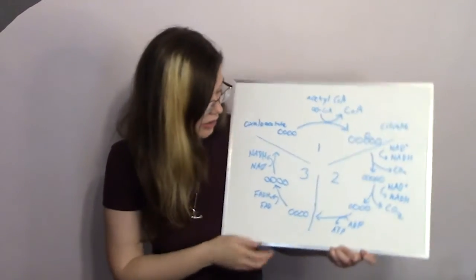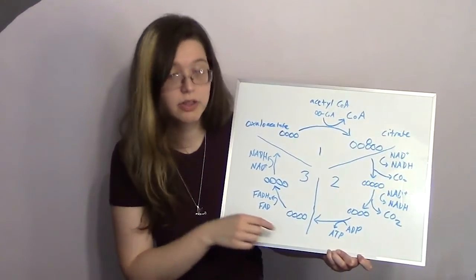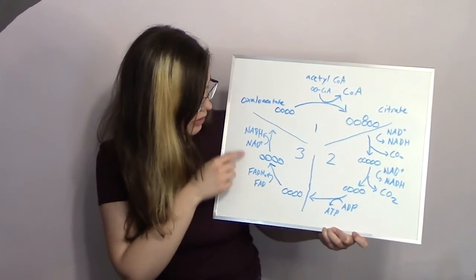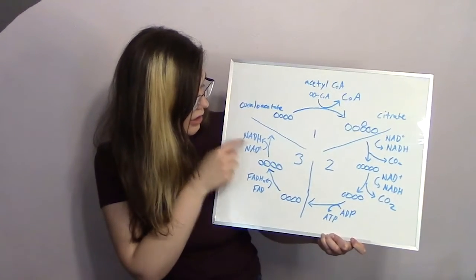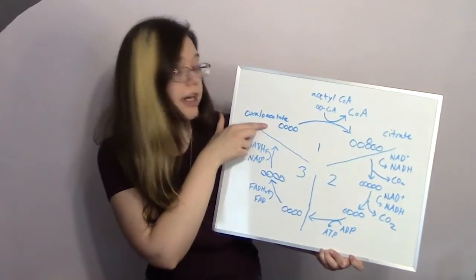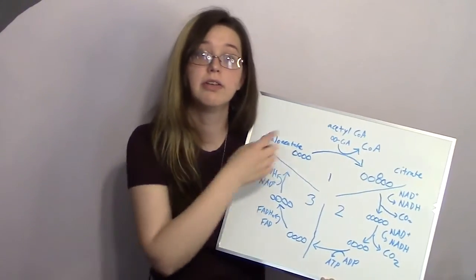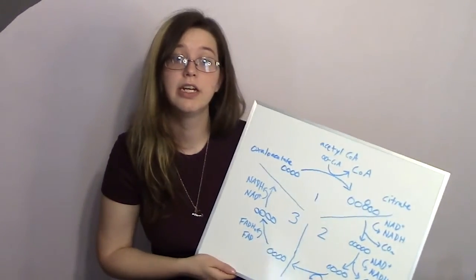In that, we take that 4-carbon molecule and we get some FADH2, we get another NADH, and we regenerate the oxaloacetate. And this cycle goes around and around for every molecule of glucose.